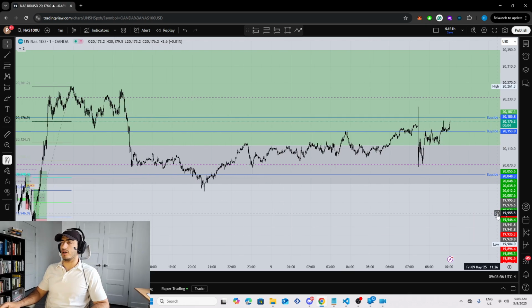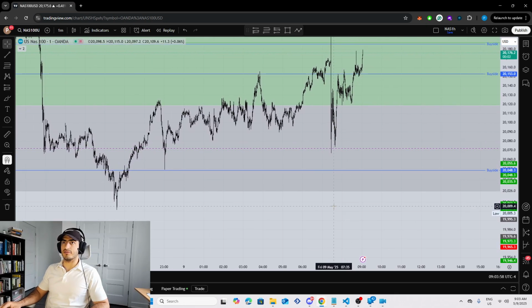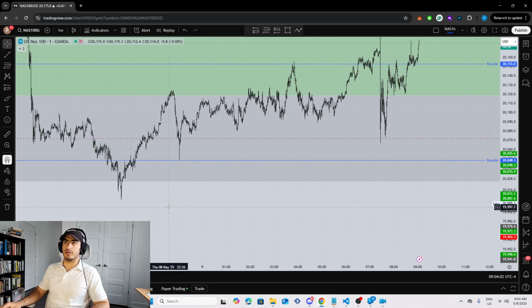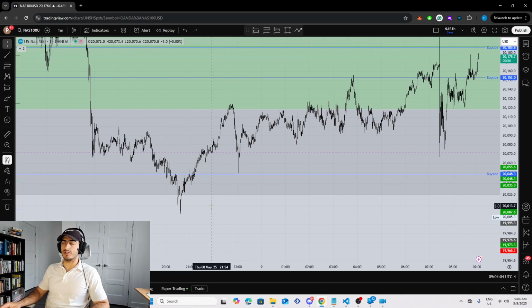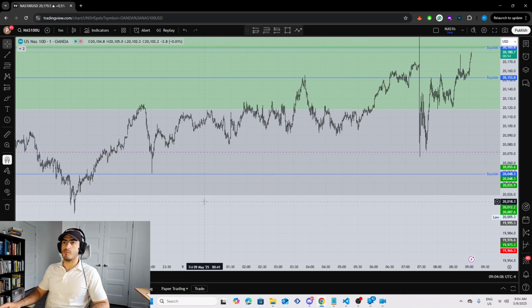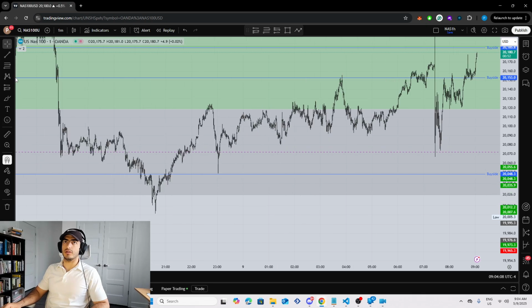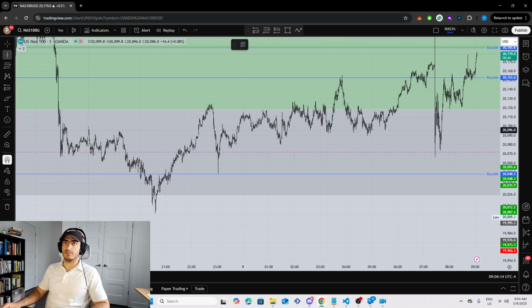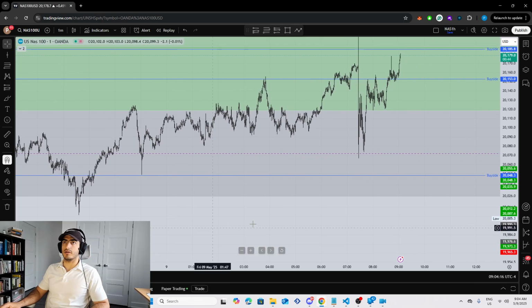Now we're focusing on what happened after the Asia open. So that would be around here. Let's put a little vertical line, perfect. Right here. All right, then there and forward.